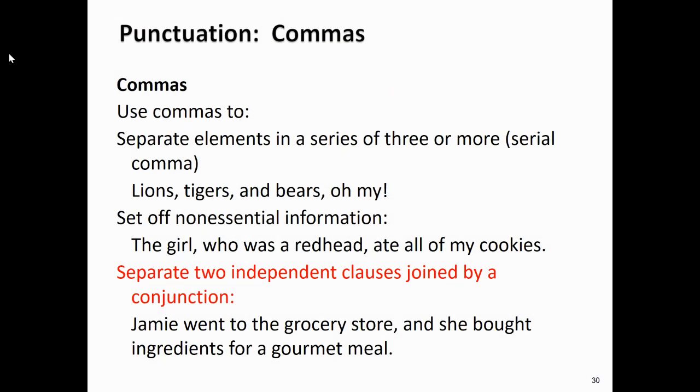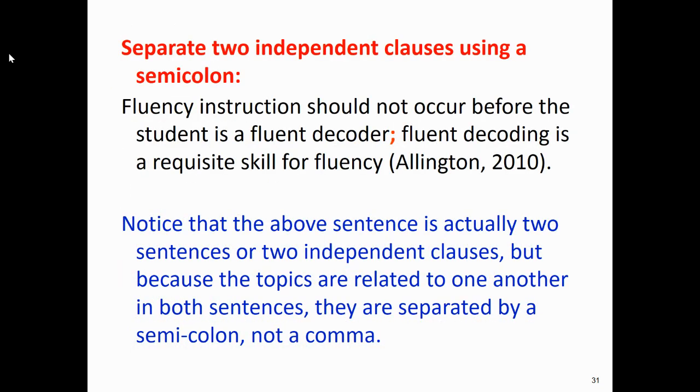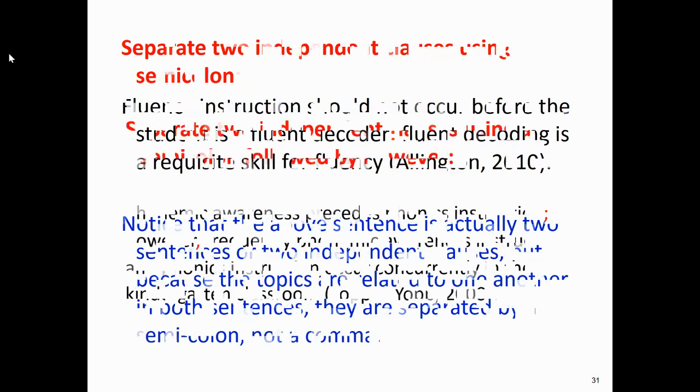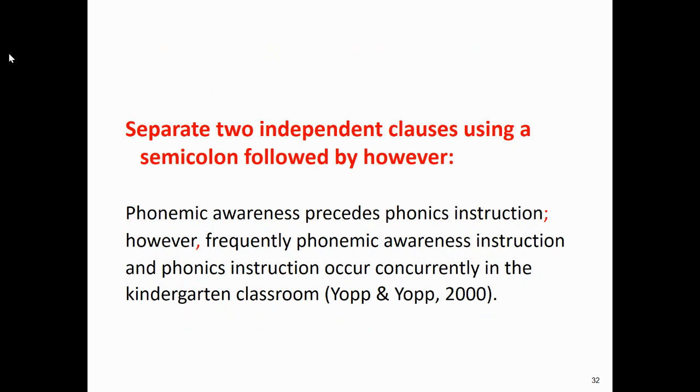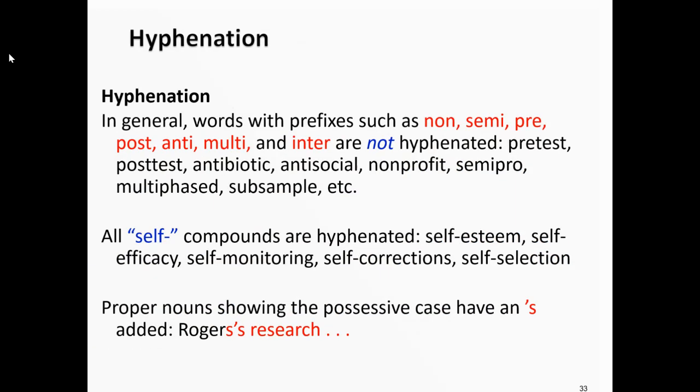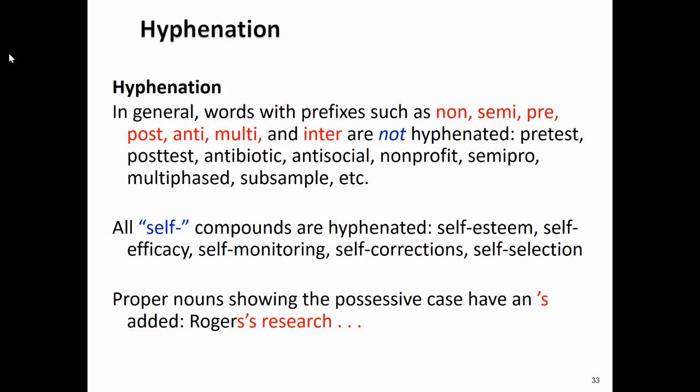These next few pages talk about the importance of punctuation and when to use it: independent clauses joined by a conjunction, two independent clauses using a semicolon. So take a look at this when you get a chance. Hyphenation is tricky in APA.